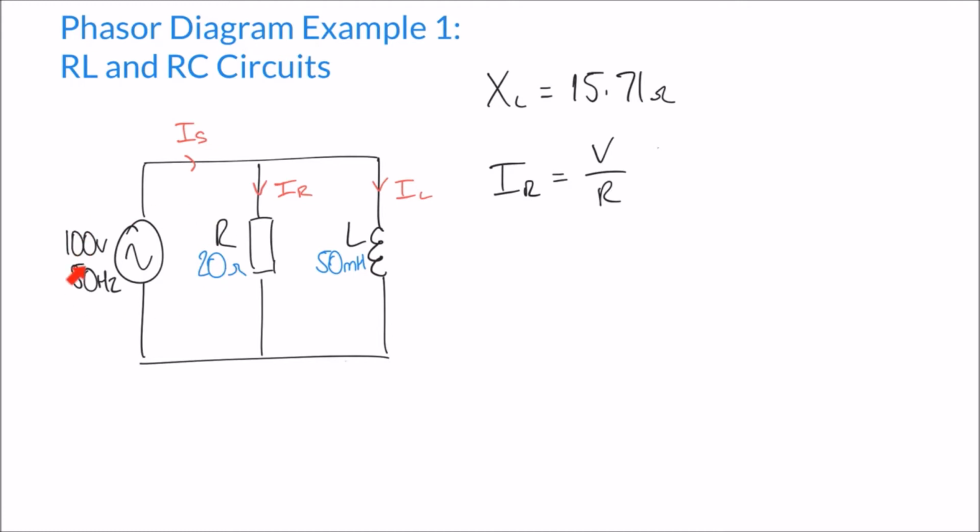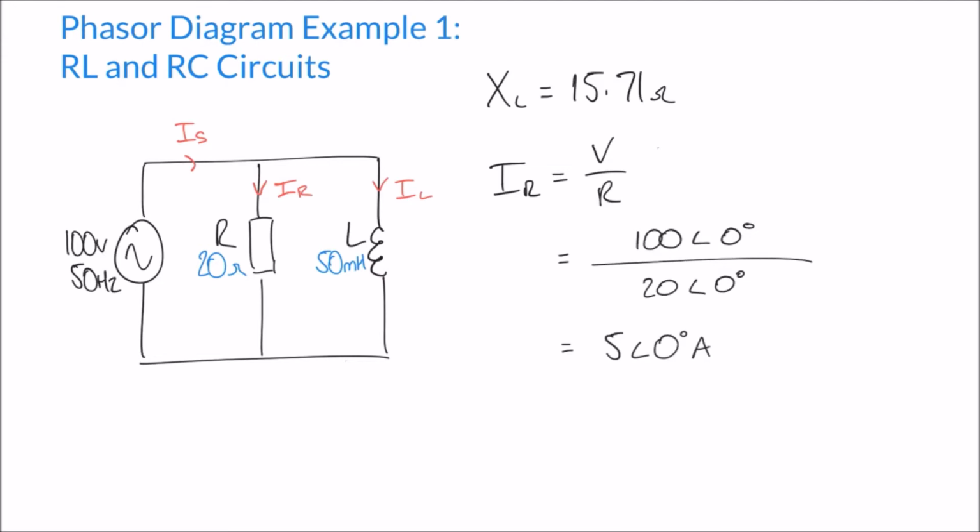We could calculate this without having to use complex numbers at all, but just for the purpose of consistency, I'm going to keep this in polar form, but it'll be very easy because our voltage is 100 volts at an angle of 0 degrees, and our resistance is 20 ohms, also at an angle of 0 degrees. They're both real numbers without any phase shift at all. And so what we're going to get is our result of 5 amps at an angle of 0 degrees as well.